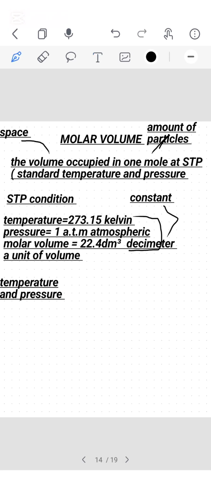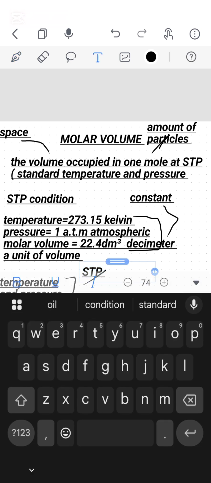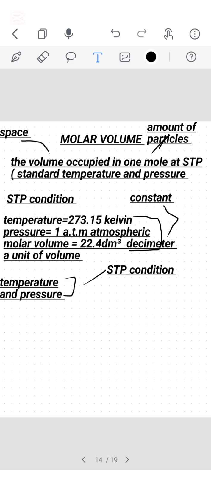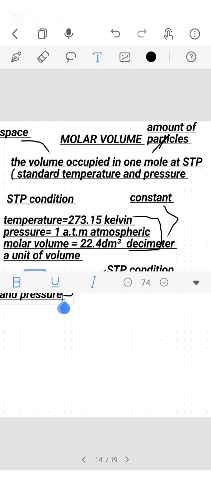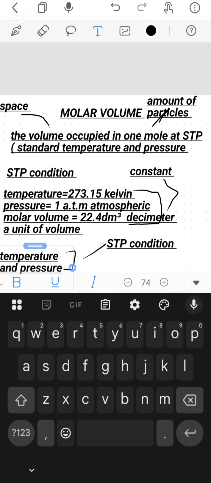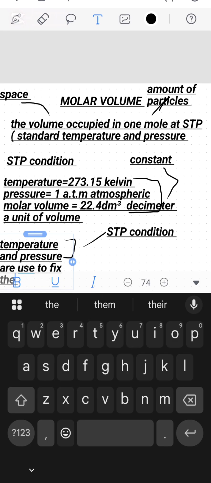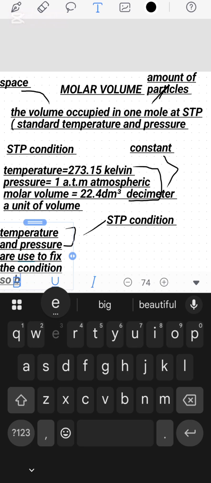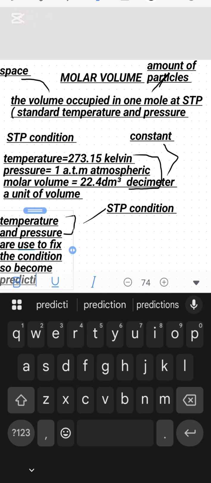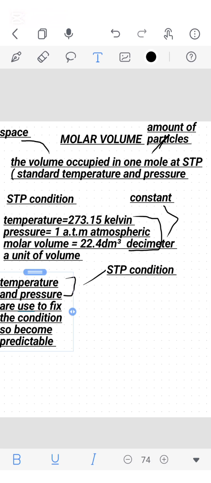They are used to fix the conditions so the volume becomes predictable.